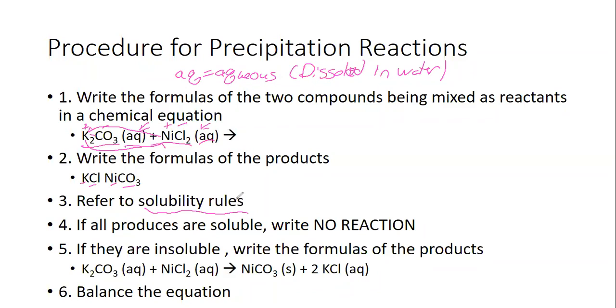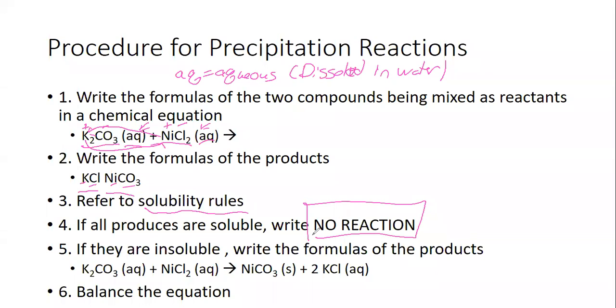But you look at your products, and if everything is soluble, if both KCl and nickel carbonate are soluble, you write no reaction. If you mix two aqueous substances together and you do not form a solid, you have done no chemistry. Nothing's happened.